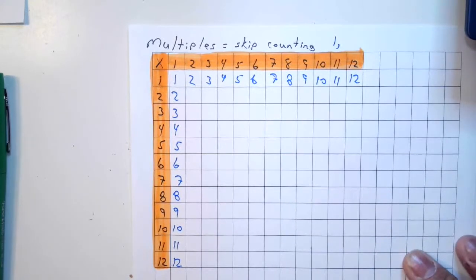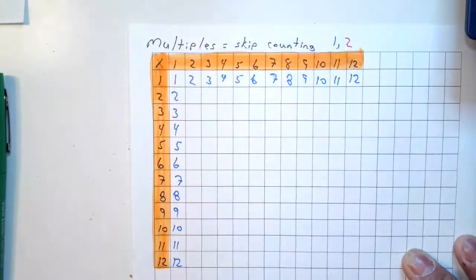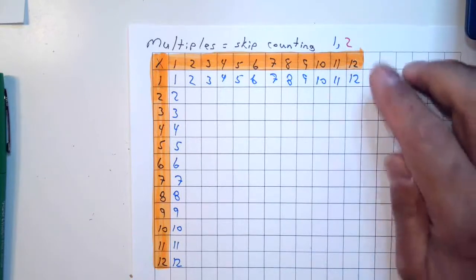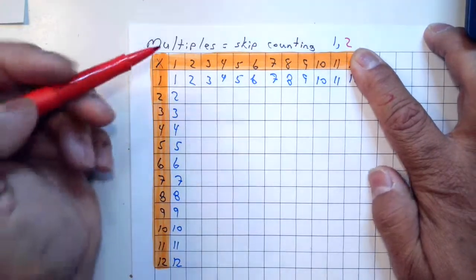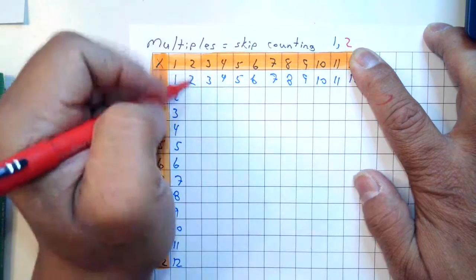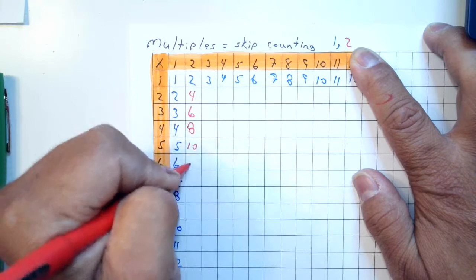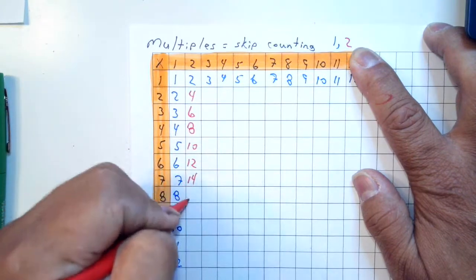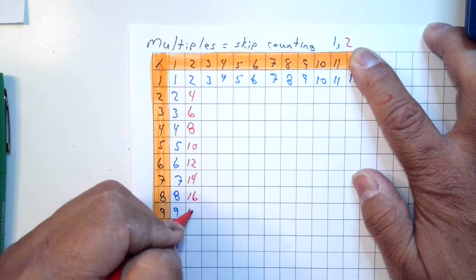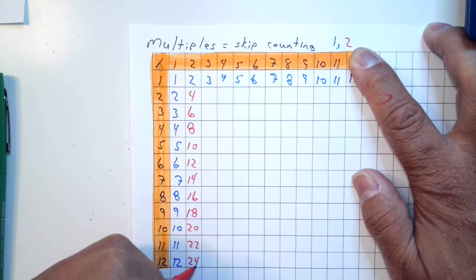Now after the ones, we're going to be doing the multiples of 2. Multiples of 2, starting with the first one. First one is 2. Remember, these are skip counting, so it's 2, 4, 6, 8, 10, 12, 14, 16, 18, 20, 22, 24.